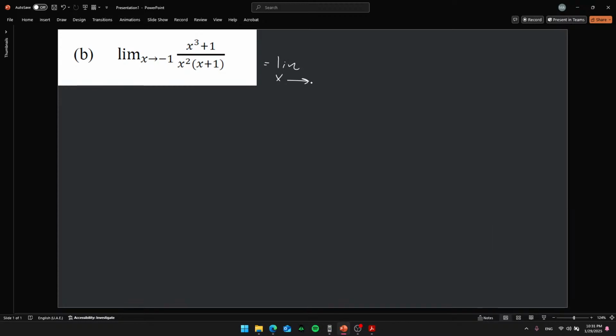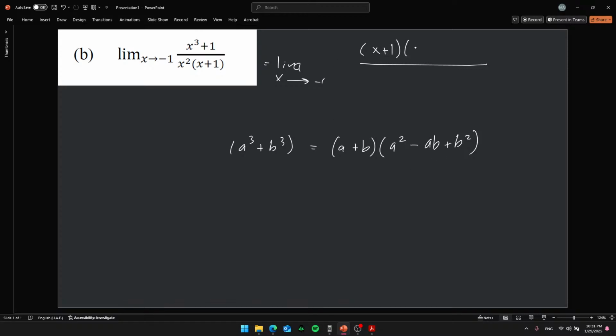You should factor the numerator. So a cubed plus b cubed equals a plus b times a squared minus ab plus b squared; flip the sign. So x plus 1 times x squared minus x plus 1 over x squared times x plus 1.